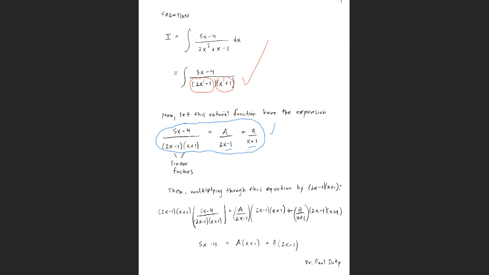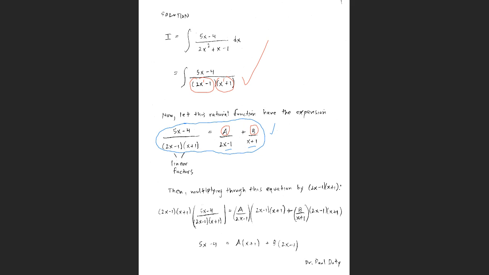We can re-express that rational function as the sum of these two other rational functions. Now, in order to say that, we would need to show that there exists a constant A and a constant B such that this would work.